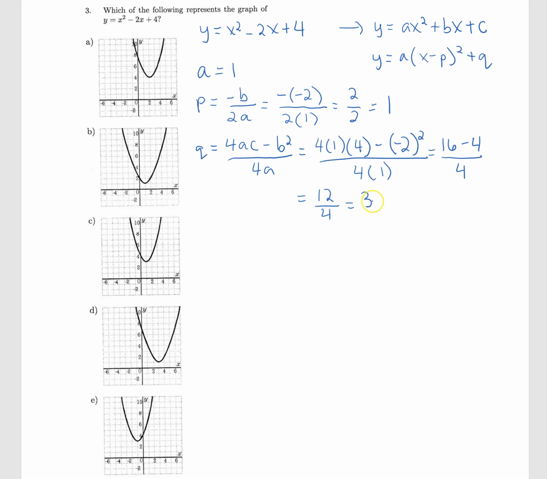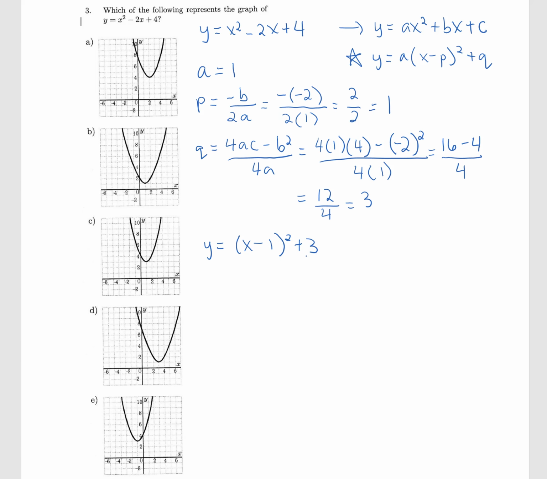So we have q is equal to 3. So plugging in these values for p, q, and a into the form of this equation, we get the equation y is equal to x minus 1 squared plus 3.